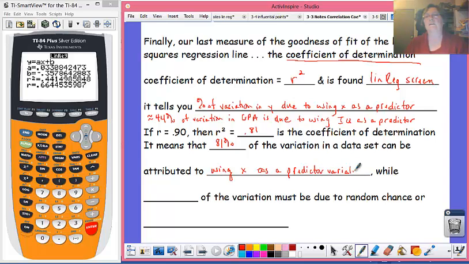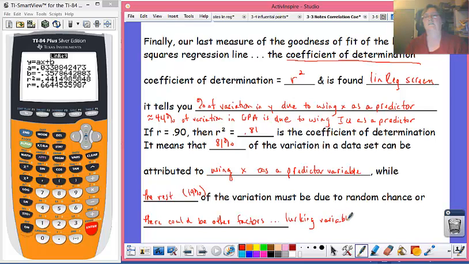Now, that's all good and well, but what's really interesting to me is, if 81% of the variation comes from using x as a predictor value, the rest of the variation, in this example case 19%, must be due to random chance, or there could be other factors. You remember those lurking variables.